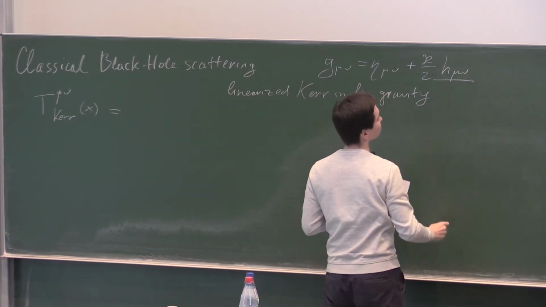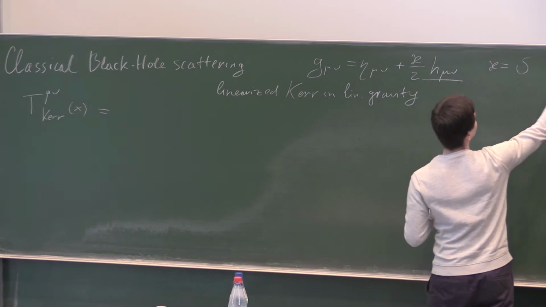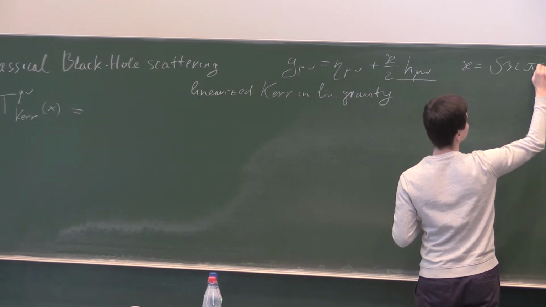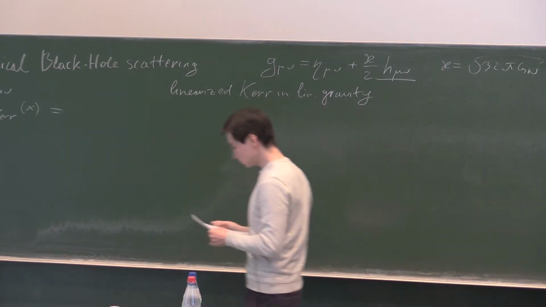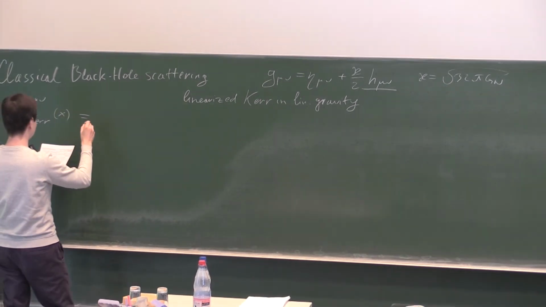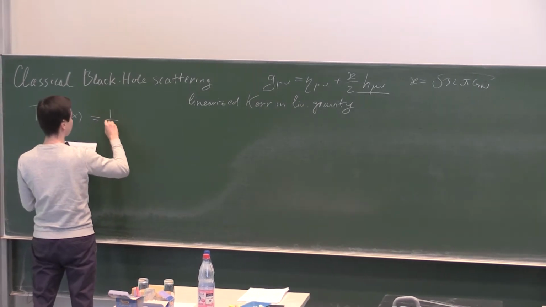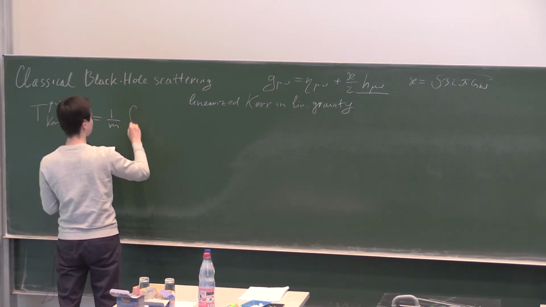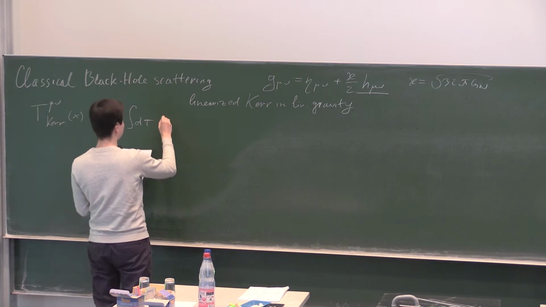So this is the graviton field. Kappa is the coupling constant. And Kerr, if Kerr is also linearized, its effective source can be written like this on the worldline.